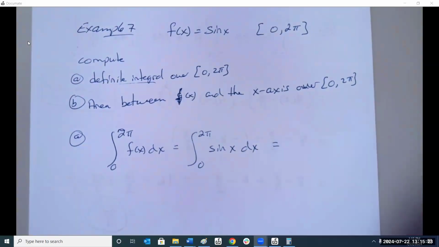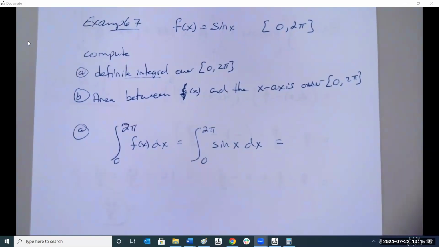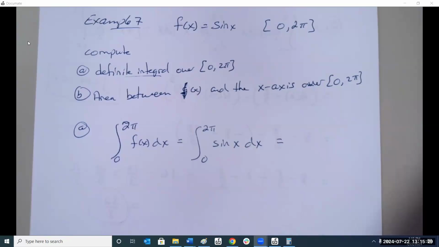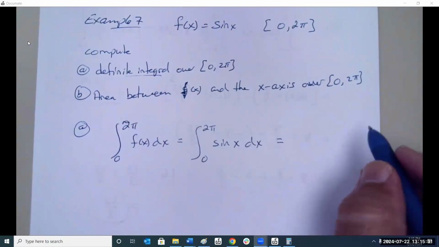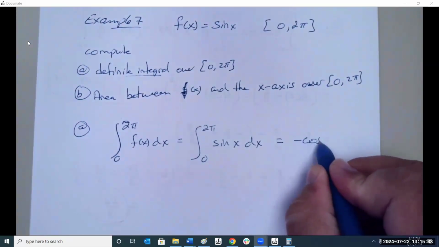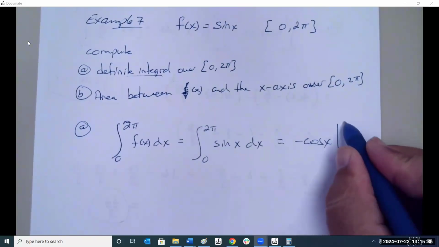What's the integral of sine x? Negative what? Very good. Negative cosine x from 0 to 2 pi.